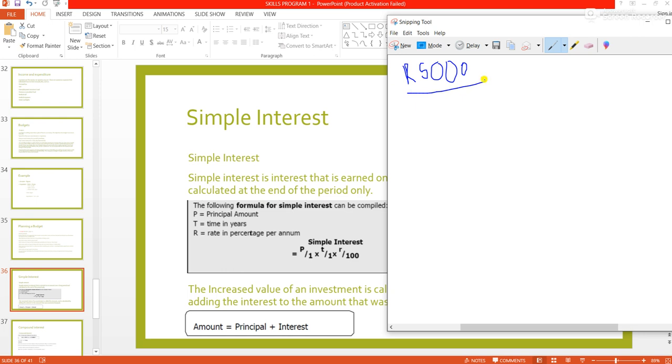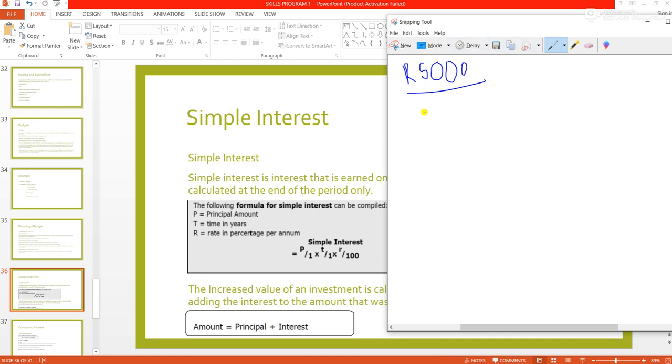Let's say you've got these values: we've got your initial amount, which is your principal amount.